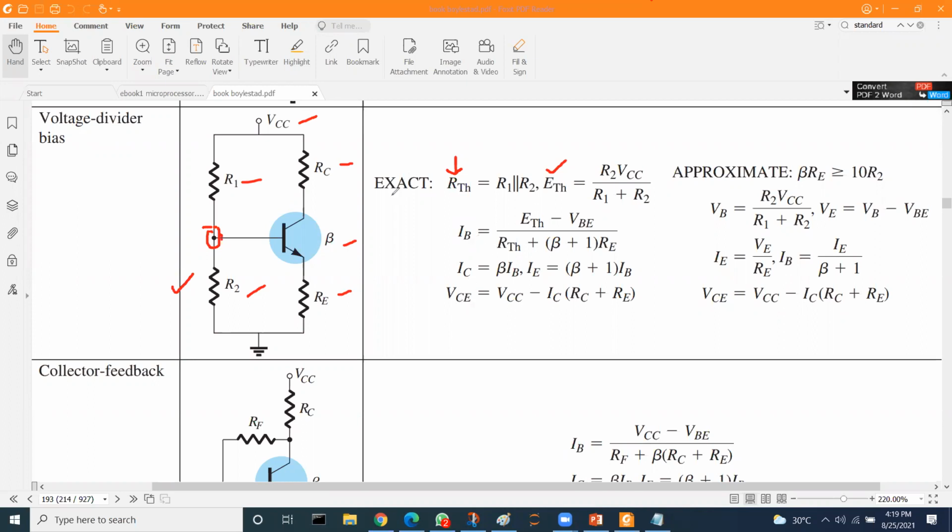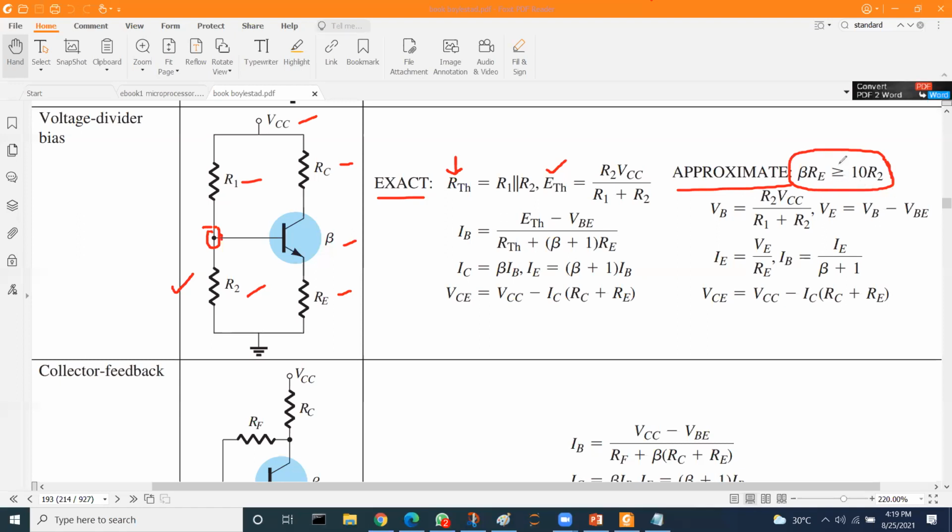So there is also the exact model and there is an approximate model. The approximate model takes care of a condition, and that condition is primarily given by this equation, beta RE is greater than or equal to 10 R2.